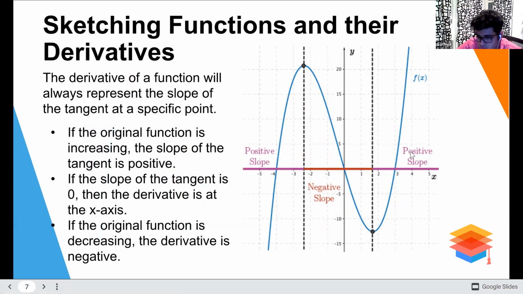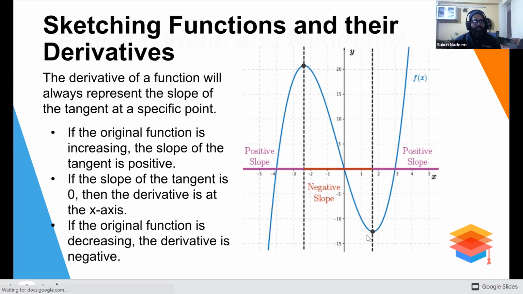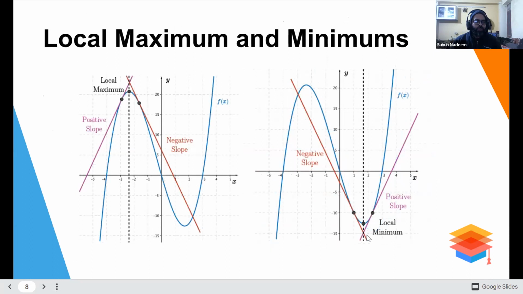If the original function is decreasing, the derivative is negative. Here they are showing positive derivative, negative derivative. When the slope changes from positive to negative, we come across a local maximum. If it changes from negative to positive, we come to a local minimum. That was the first derivative test also.